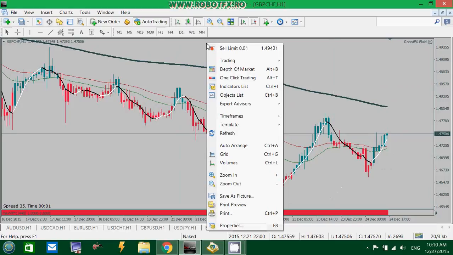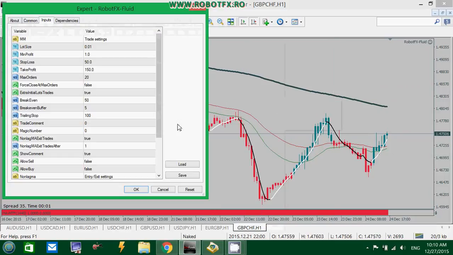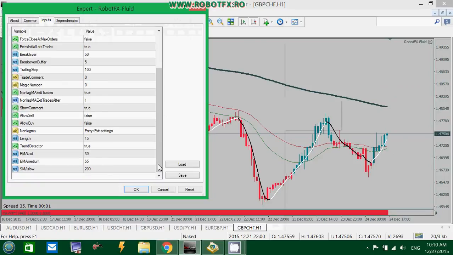So you can change the settings of the trend detector by changing the values of these three moving averages.